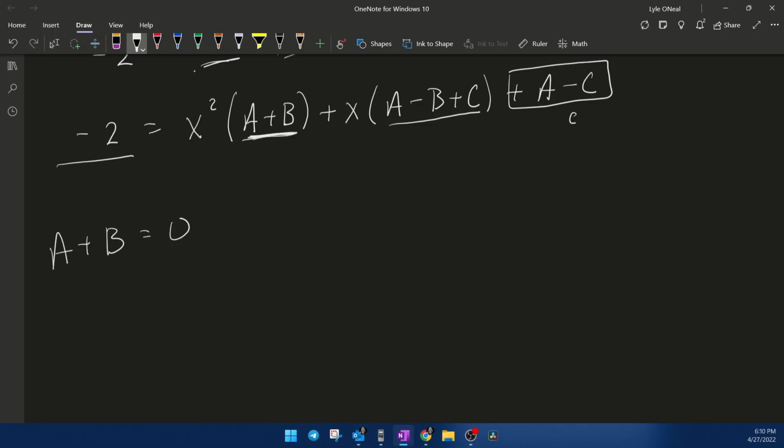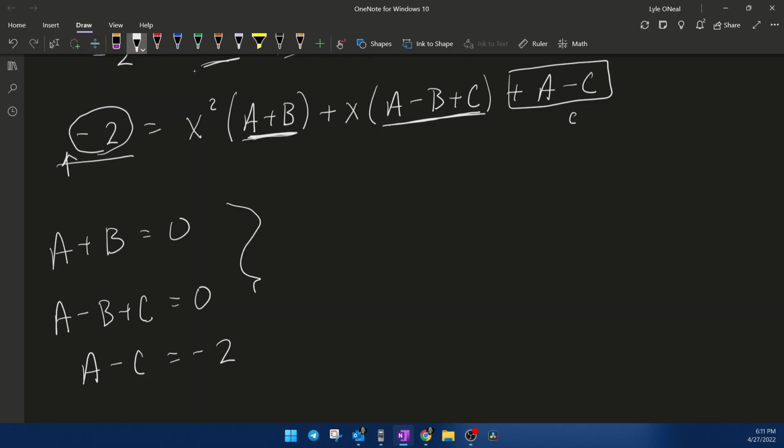The coefficient of x on the right, a minus b plus c, would have to equal the coefficient of x on the left, but there is no x on the left. So this coefficient also must be 0. And then the constant, a minus c, would have to equal the constant on the left, which is -2.